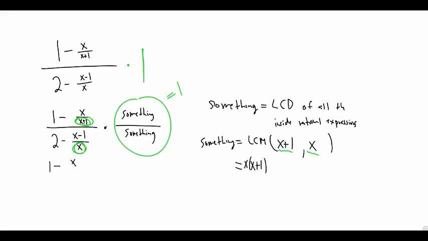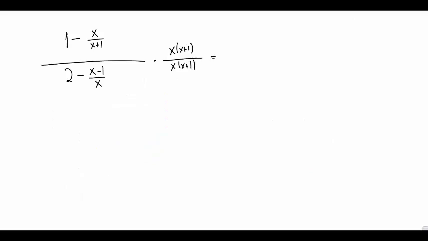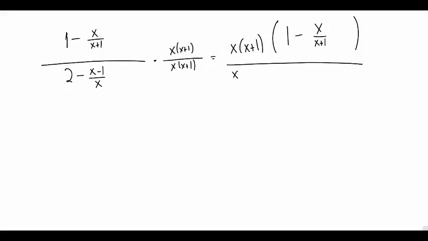Let's write it all out and show the steps. We have x times x plus 1 multiplied against this numerator. Let's put parentheses around the numerator. And the x times x plus 1 is multiplied against the whole denominator.